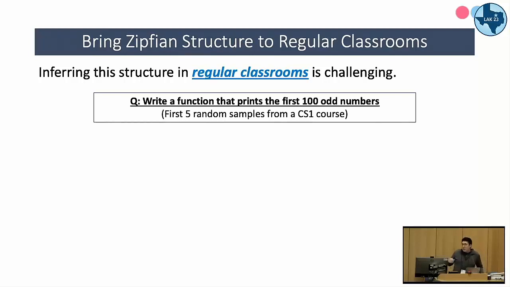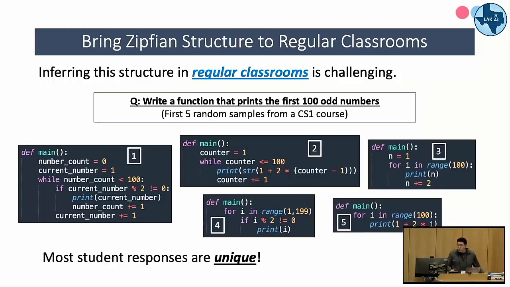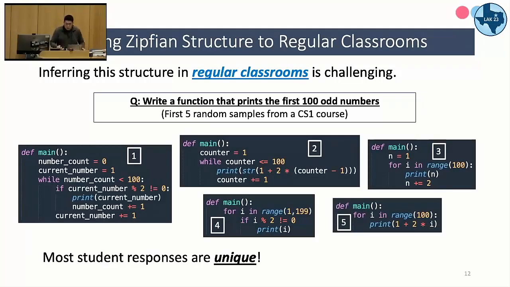Even for a simple assignment like write a function that prints the first 100 odd numbers, student responses are so diversified, and most students submit a highly unique response, and for that reason you can't even see the contour of the Zipfian pattern that I showed you from millions of students. This makes Zipf inference a non-trivial statistical inference task.